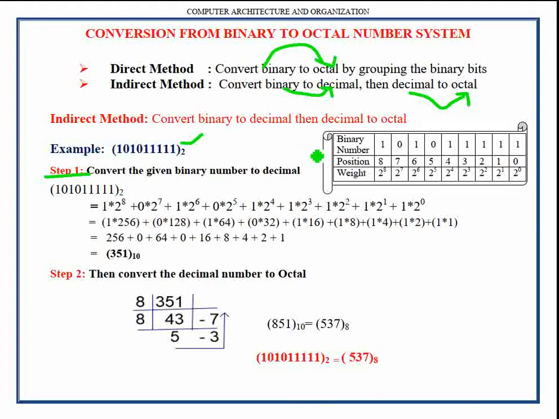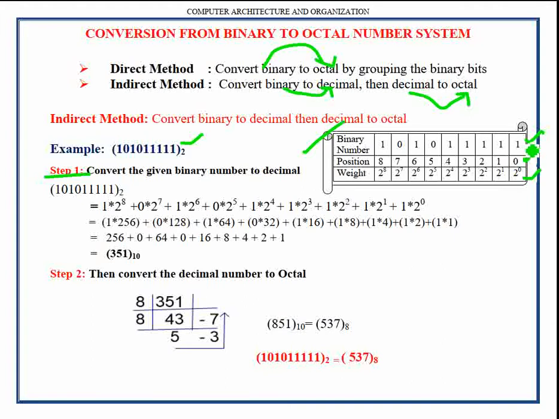Let's discuss how weights are assigned to every digit of the given binary number. In this table, in the first row, every digit of the given binary number is written, in the second row, the position of every digit is written, and in the third row, the weight of every digit is specified.